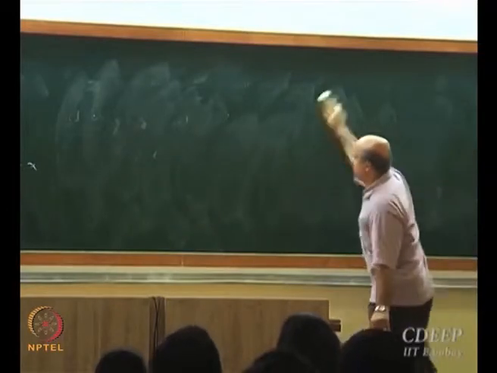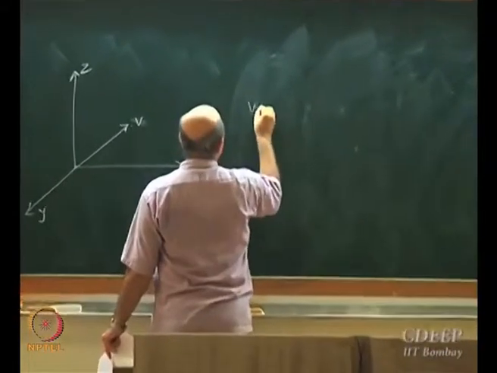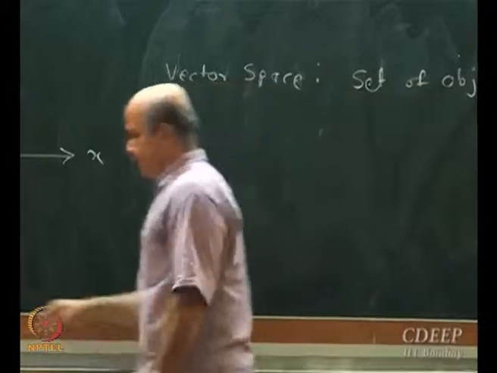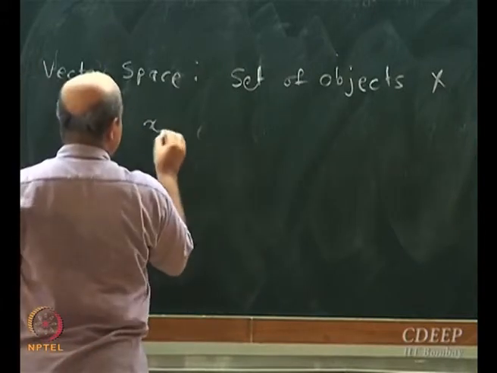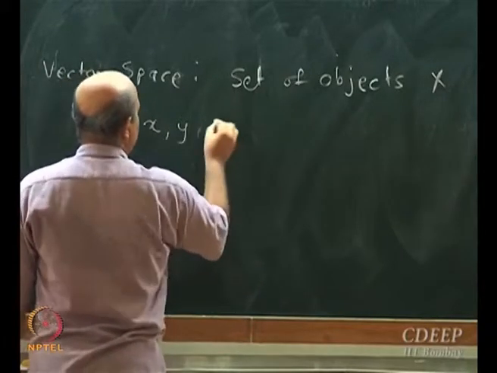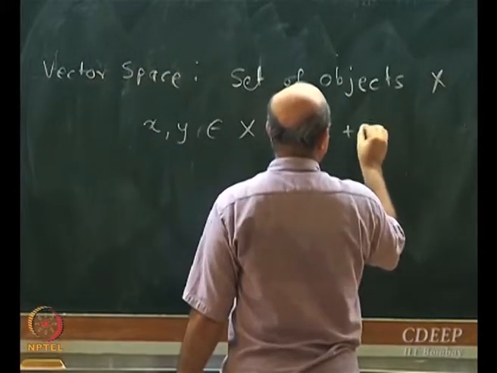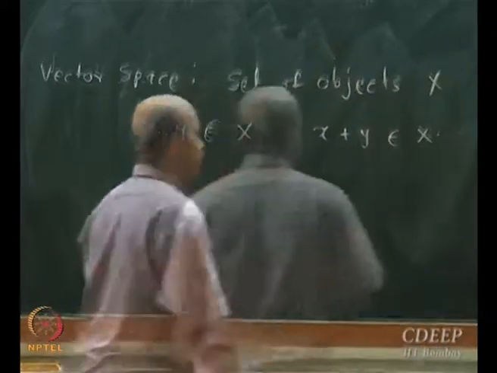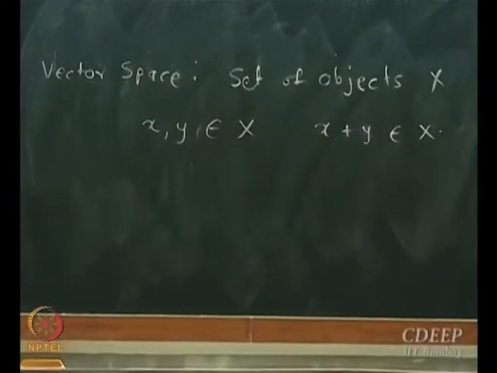A vector space is a set of objects that is closed under two operations. It is closed under addition. So if I take any element x and y belonging to X, then x plus y also belongs to X. But it is not enough to have just a set of objects. We need something more to define a vector space.